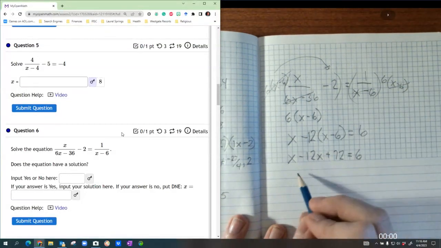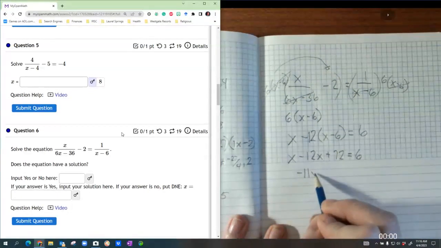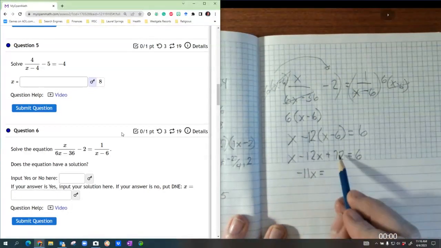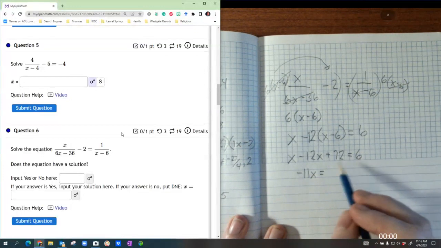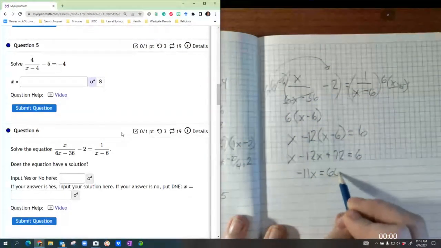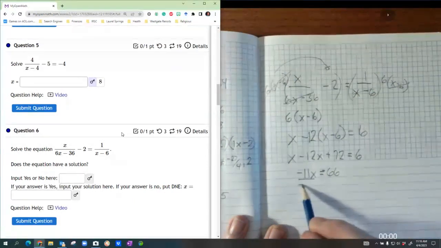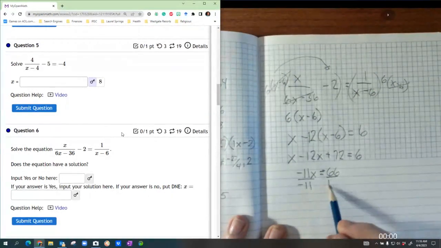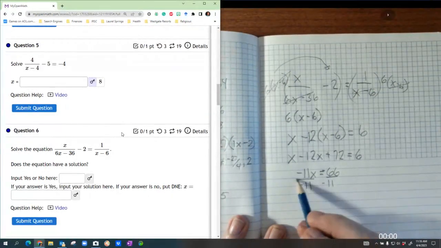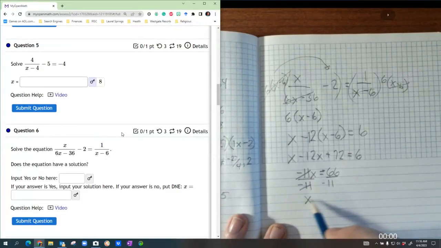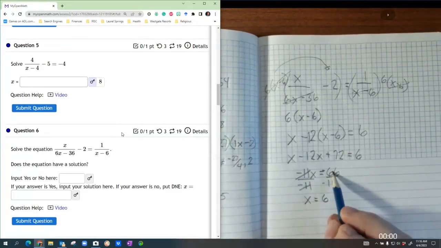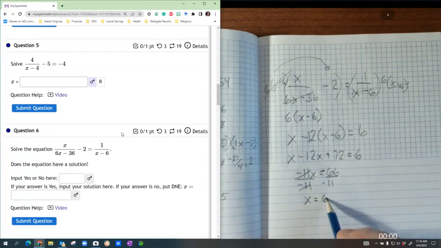And then I want to combine like terms. And then that's going to give me negative 66. And then I'm going to do this. Negative divided by negative is positive. 66 divided by 11 is 6.